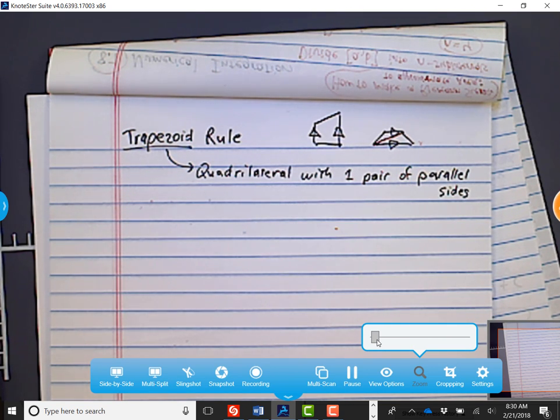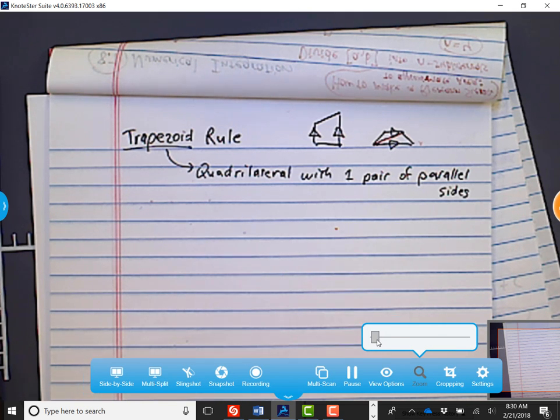And now what shape is that? Well, you have two triangles, and what's the formula for area of a triangle? 1/2 base times height. As a matter of fact, a trapezoid has two bases, right? The bases are the parallel sides.